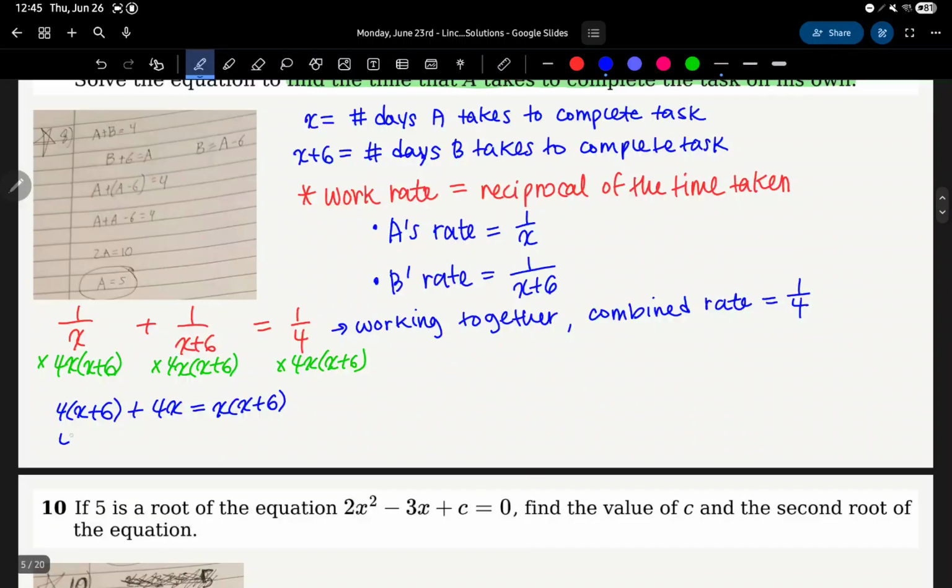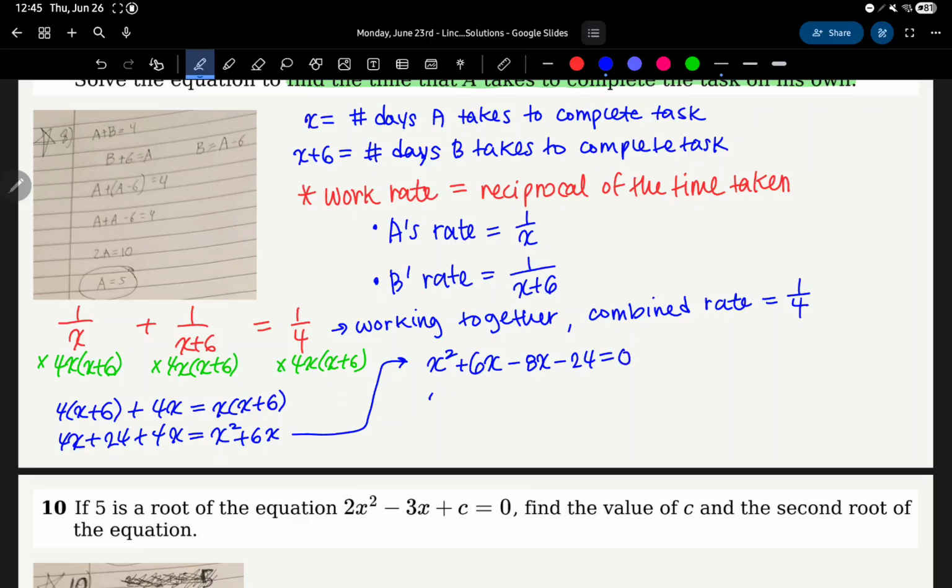And then we're going to expand those. 4x plus 24 plus 4x is equal to x squared plus 6x. So we're going to move over here, and if I rearrange them, it's going to look like x squared minus 2x minus 24 is equal to 0.